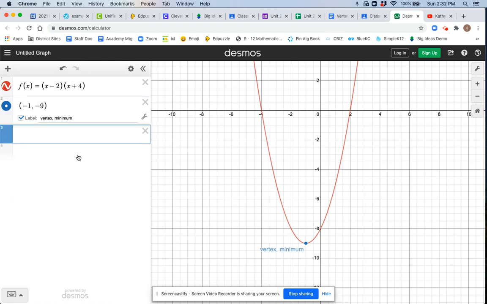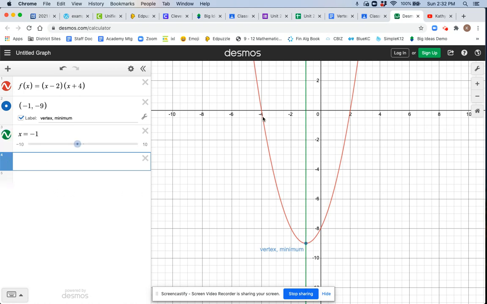We know that our axis of symmetry is the same as the x of our vertex. So we write the equation x equals -1 for the vertical line that goes through the vertex and divides the graph in half. And now we look up here and we notice that the y-intercept is the point right here, which is 0, -8.